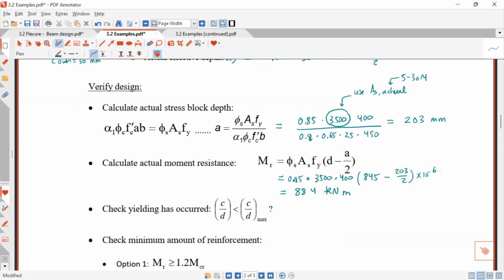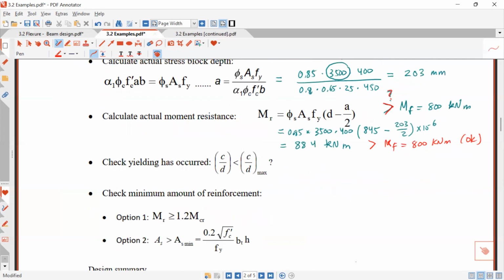And now I do my check, right? I need to check, is this larger than MF, which was 800 kilonewton meter? If I did everything correctly, it should be, right? So I find 884, it's bigger than MF equals 800 kilonewton meter. So this is okay for the design. So we did everything okay for the design.